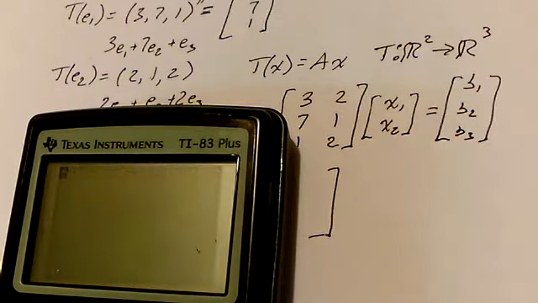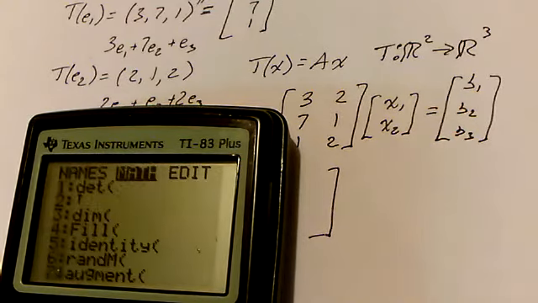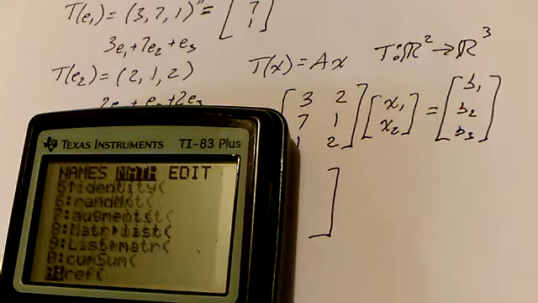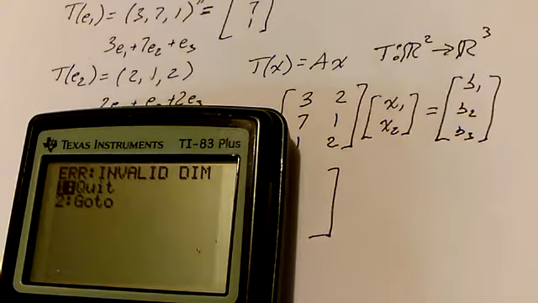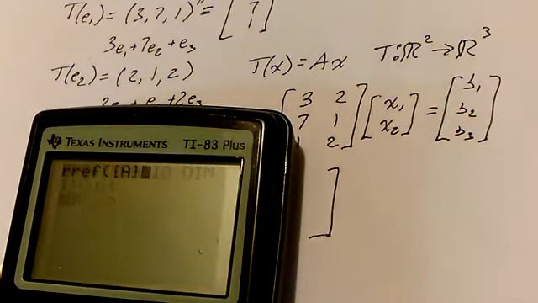I go back to the matrix menu, go over to math, come down here to RREF, and do matrix A. What you'll notice is it's going to give me an error for an invalid dimension. The calculator will not compute an RREF, even though one exists, because of the way it works. Newer models may, but some of you may be using an older model like this one. It's just an 83, not an 84.